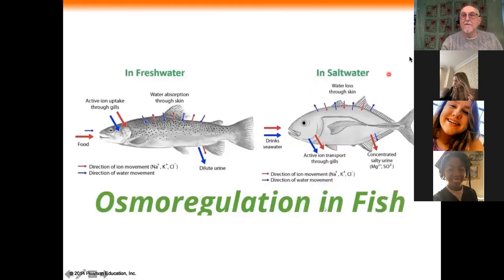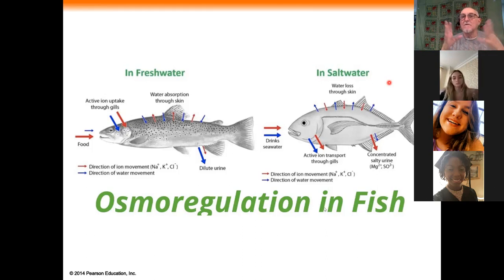I'll just remind you about this example, an interesting thing: the fish evolved in fresh water. So there they have quite a low tonicity to their body fluids.